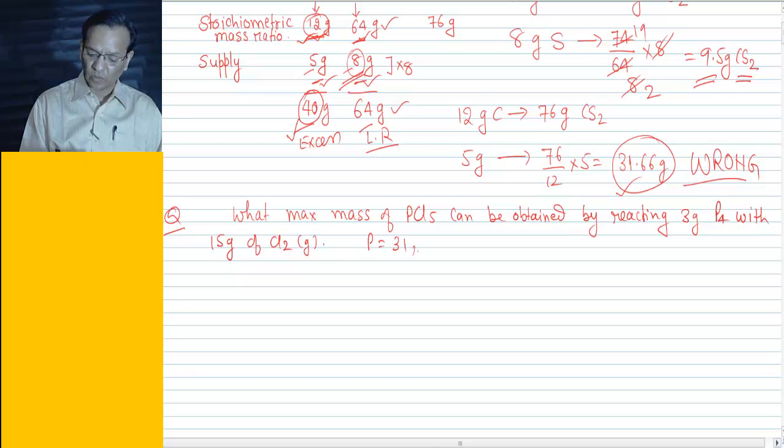Atomic mass of phosphorus is 31, chlorine is 35.5.